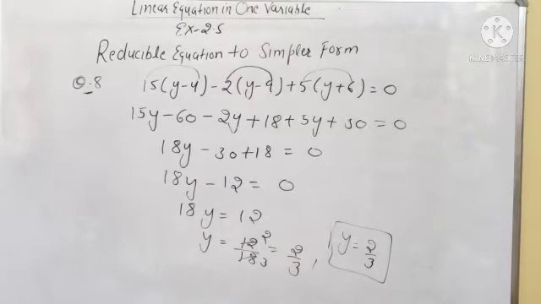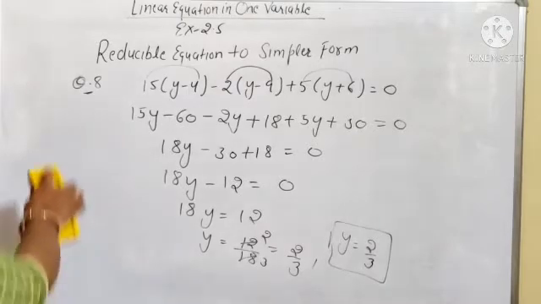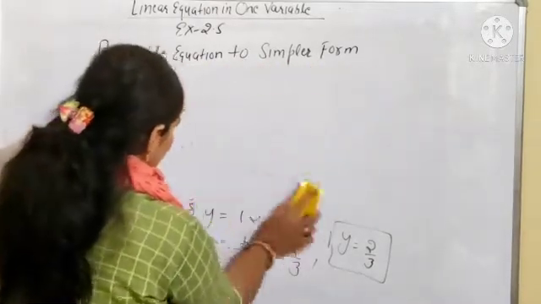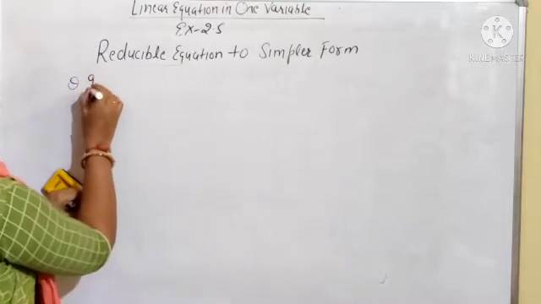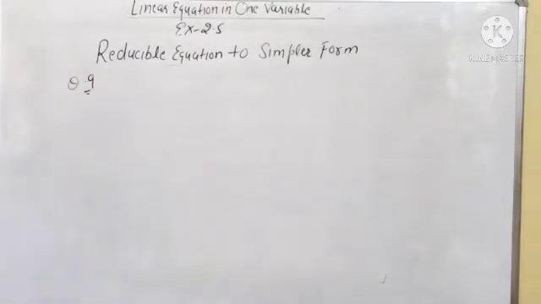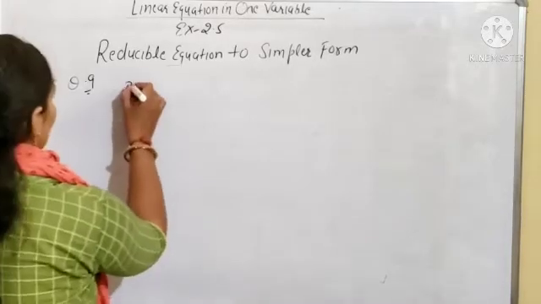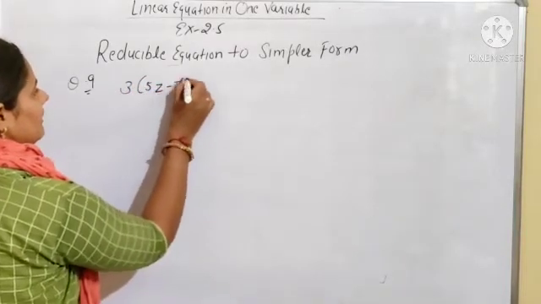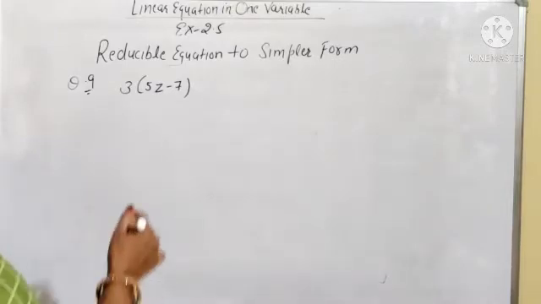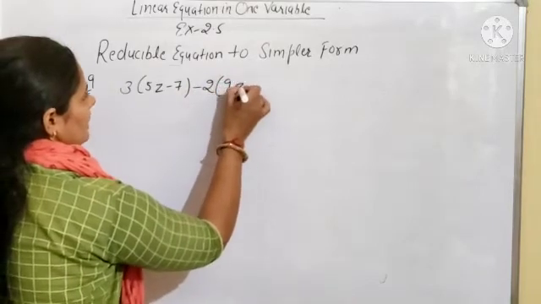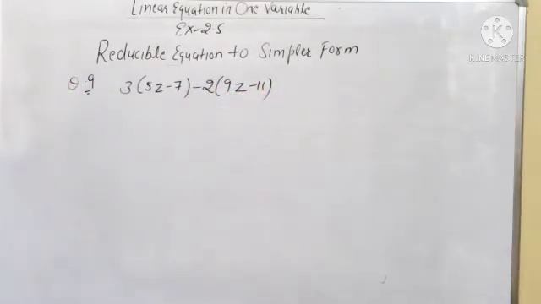Question number 9. Okay. So what is question number 9, beta? 3 into 5z minus 7, minus 2 into 9z minus 11, is equal to 4 into 8z minus 13.